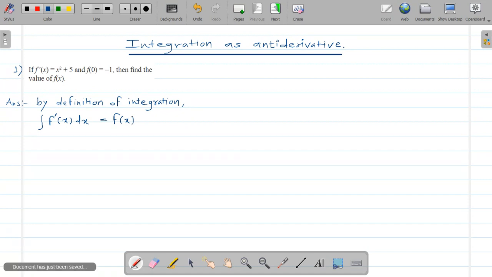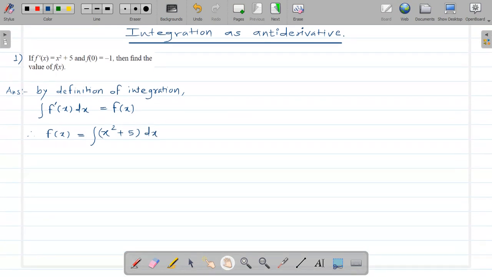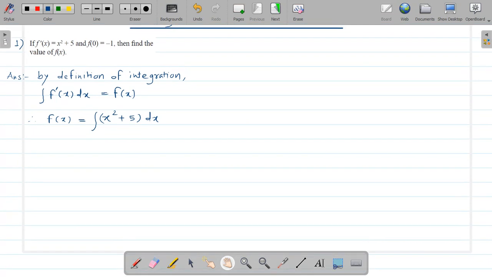Integration of f dash x dx is equal to f of x, because f dash x is the derivative of f of x. This is by definition of integration. Now here f dash x is given to you, so how will you get f of x? f of x is nothing but the integration of x square plus 5 dx. So if you take the integration of f dash x, then you will get f of x. That is the concept of antiderivative.